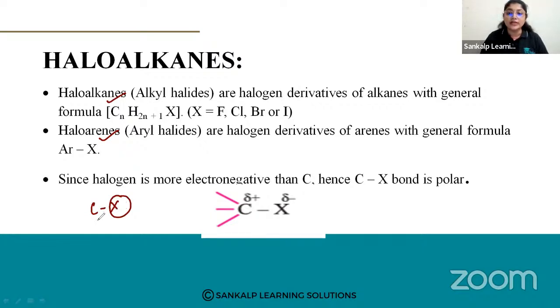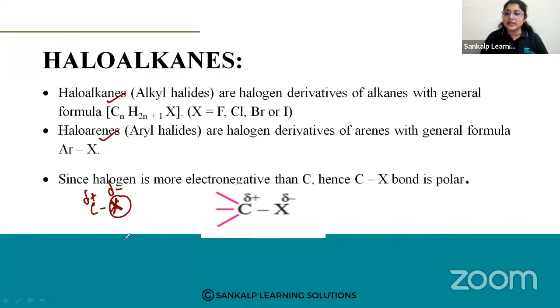When you compare the electronegativity of carbon and the halogens, the halogens are more electronegative than the carbon atom. As a result, there will be a partial negative charge on the halogen and a partial positive charge on the carbon. So this C-X bond will be a polar bond.